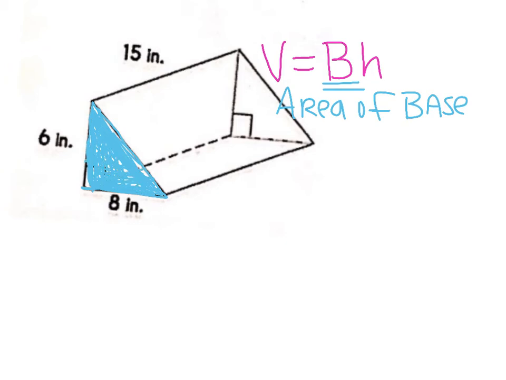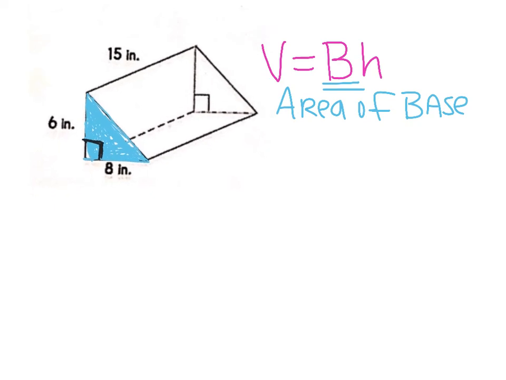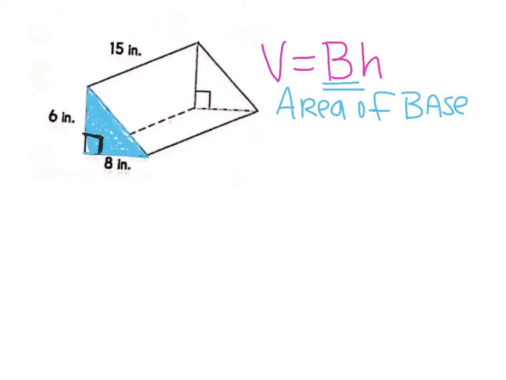So I got this shaded in pretty good right now. The right angle was here. I covered it up, so I'm going to trace back over it for you. The two numbers that go with the base on this picture are the 6 and the 8. So that's how I'm going to start.